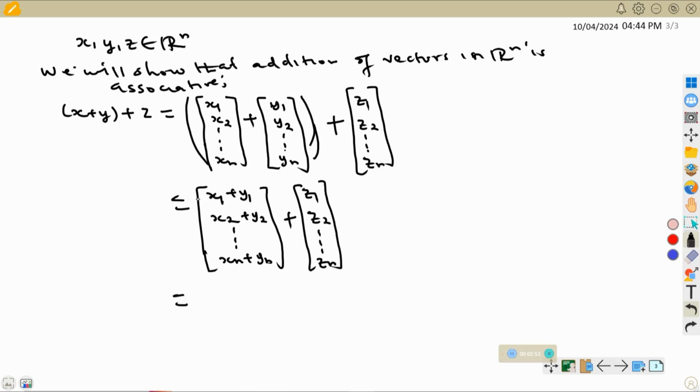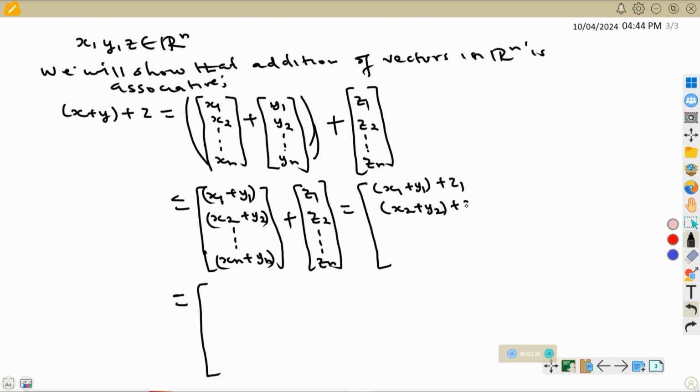But we know that if we are adding these two, we can still say that this one here is the same as x1 plus y1 plus z1. Still, this one is the same as x2 plus y2 plus z2 up to xn plus yn plus zn.